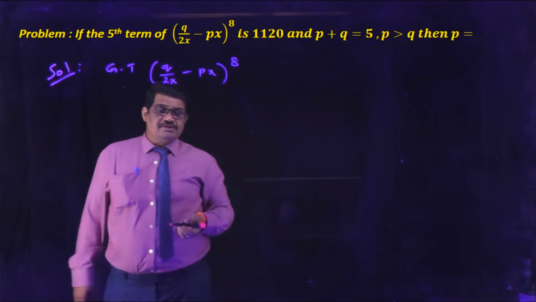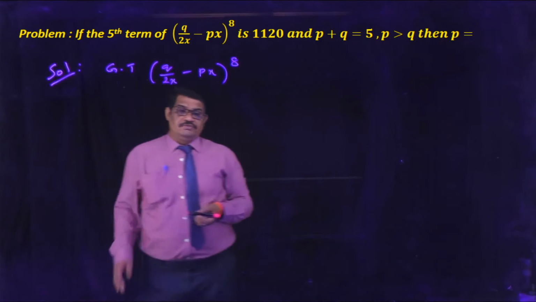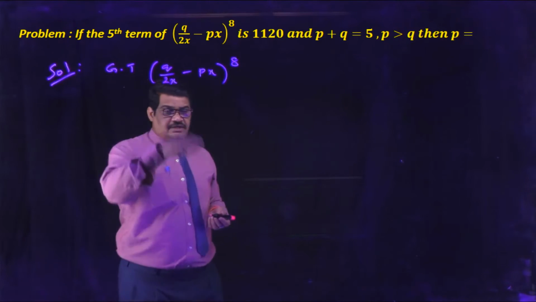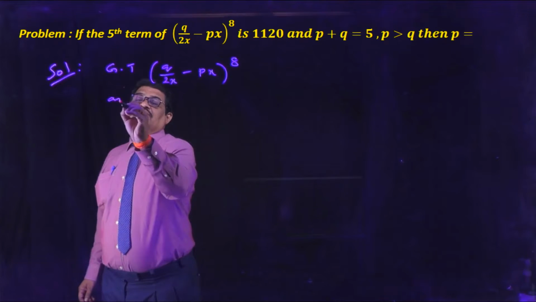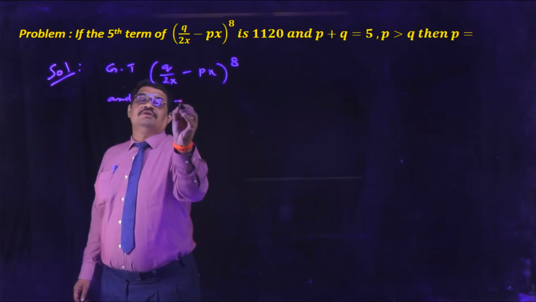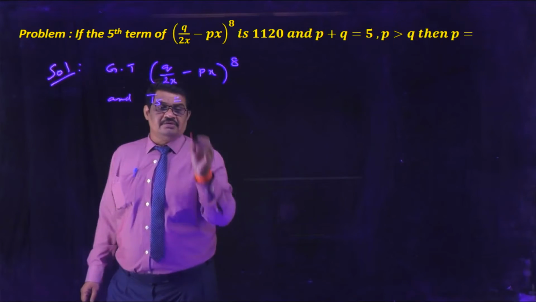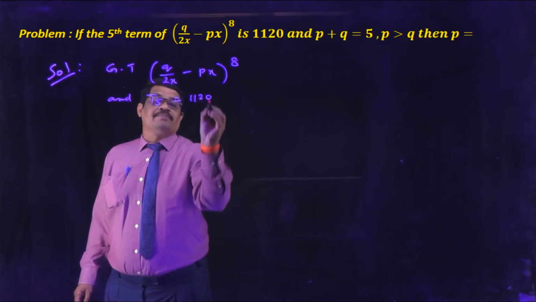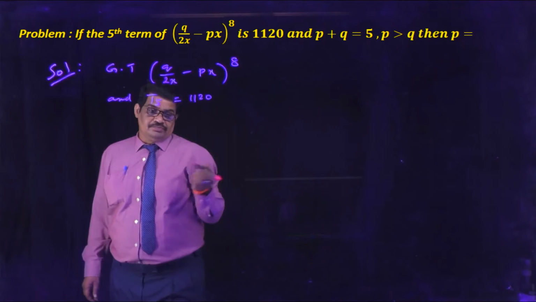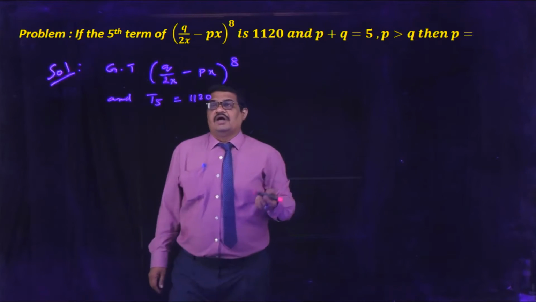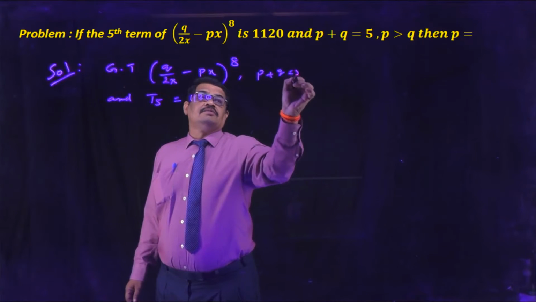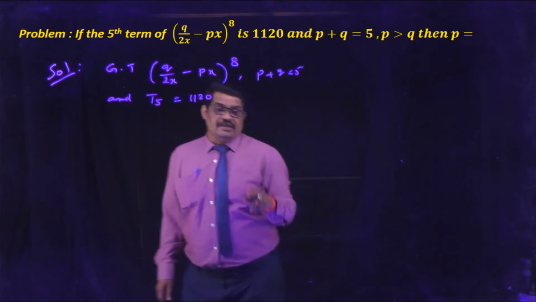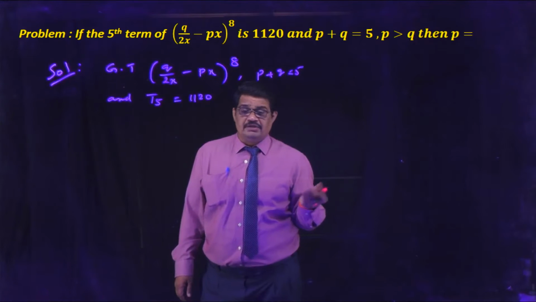The fifth term of this expression is 1120, that is given, and also p + q is 5, and p is greater than q. Then we have to find the value of p.